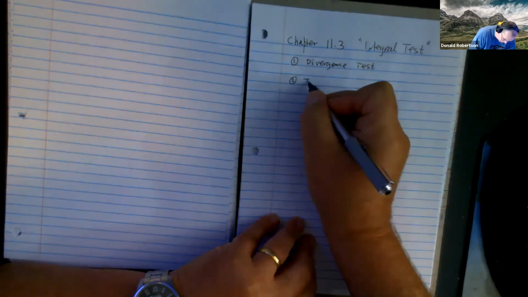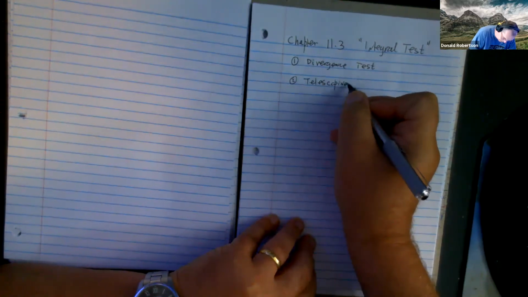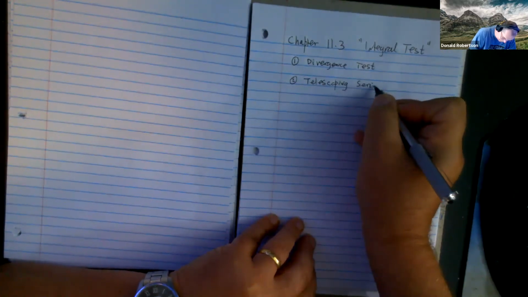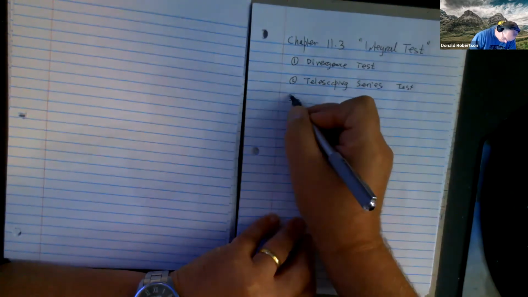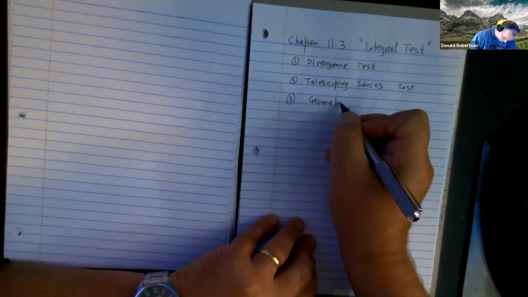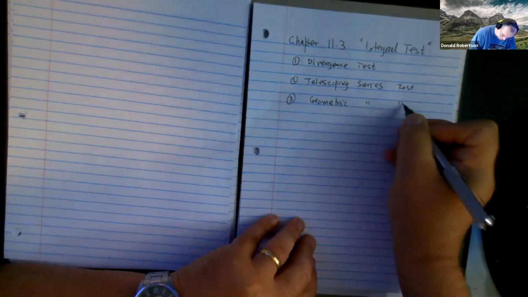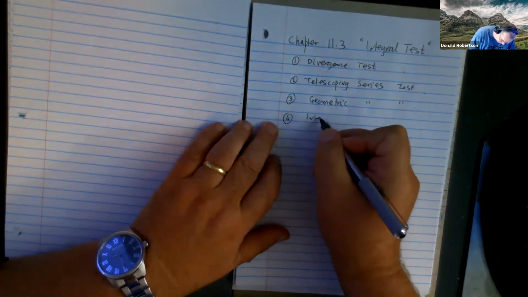We have, in no particular order, a telescoping series test, and a geometric series. That's a good start, right? So what's this new guy, which is now going to be, I guess, my number 4? What is an integral test and how does it work?